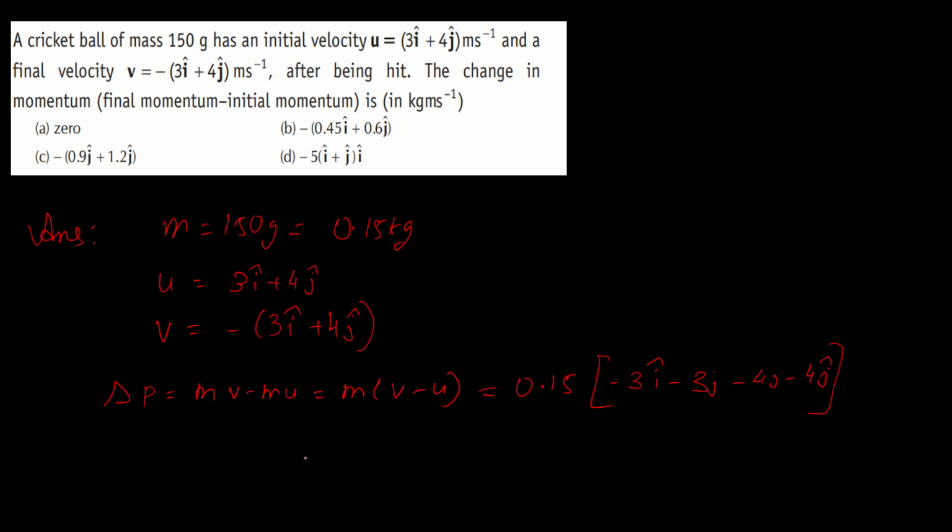Let's just write the final answer, since it's just calculation here, no big logic. Delta P is minus 0.9i cap plus 1.2j cap. So this is the answer. It's an easy question, guys. I hope all of you understood.